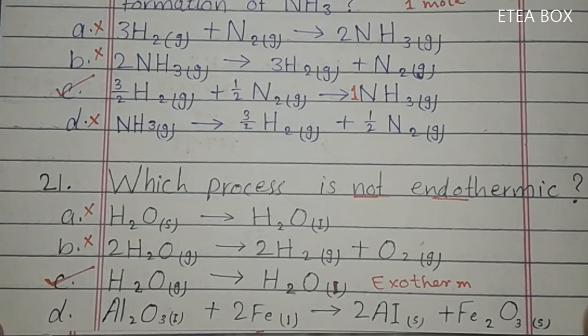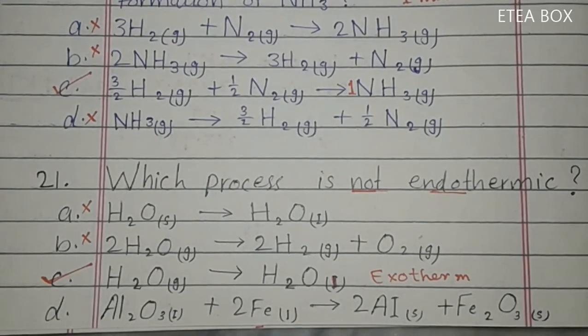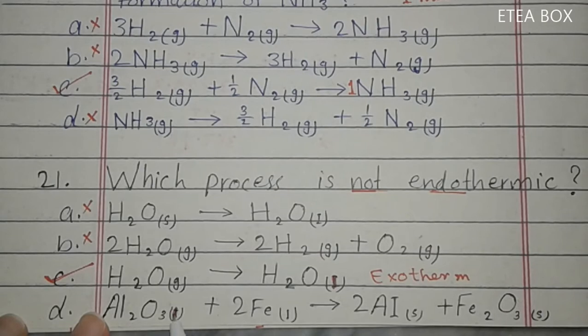Look at option D, Al2O3 and 2Fe. Look, these two are in liquid form, and these are in solid form.